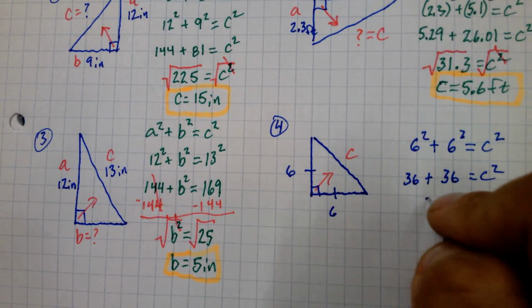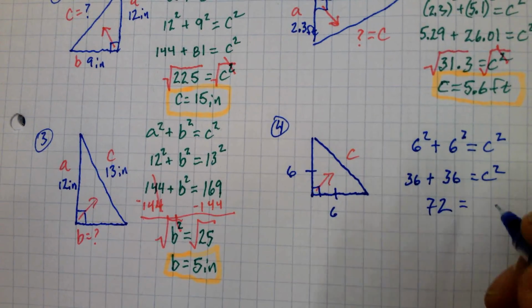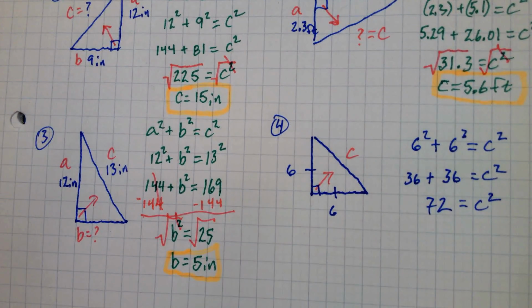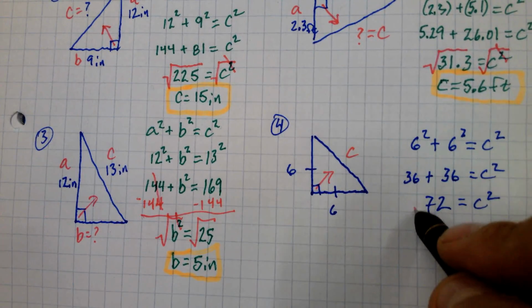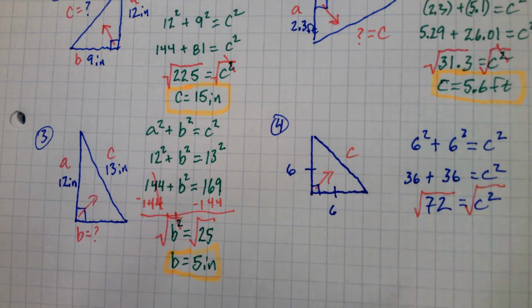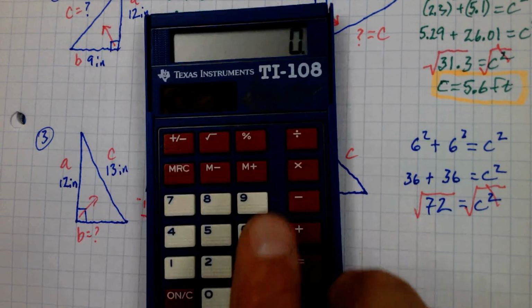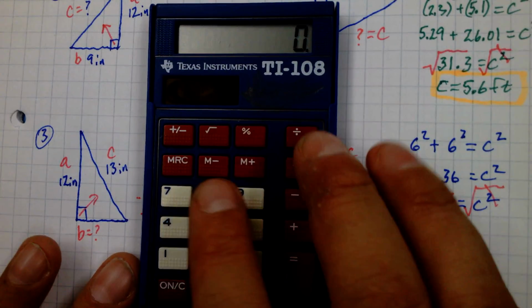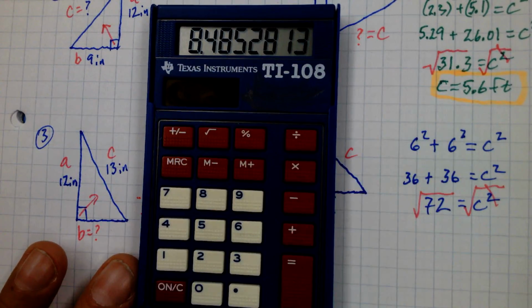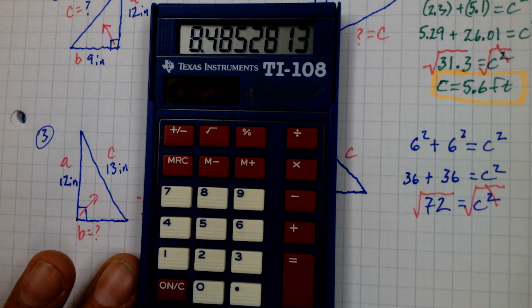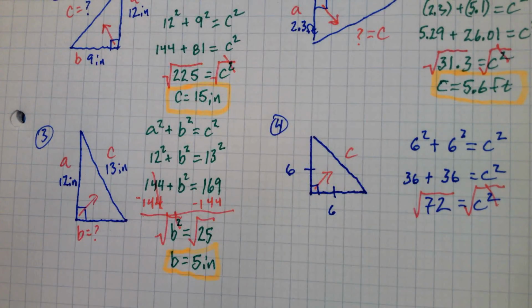So we have to figure out the square root of 72. Well, let's see. The square root of 72 rounded is 8.5.